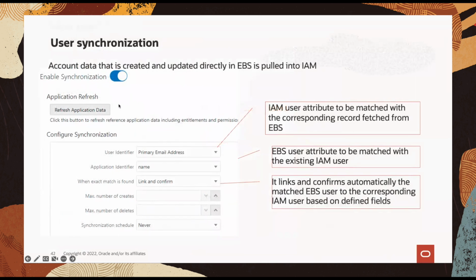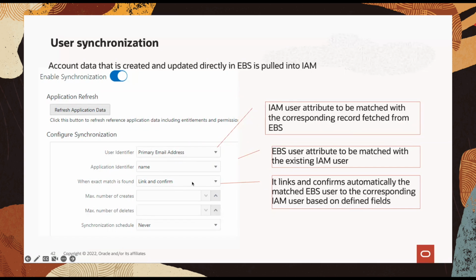Okay. And then you have the synchronization. So that was about the provisioning, and then it is about the synchronization. For the existing EBS customers, they might already have a few users in their EBS, right? Now for single sign-on to happen, we need the existing EBS users also to be synchronized to the IAM. So to do that, you can enable the user synchronize option, and you can define what attribute you want to map with the IAM domains, and once the exact match is found, what you want to do with that user.